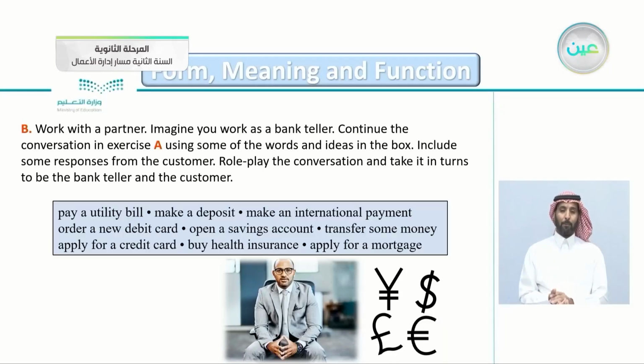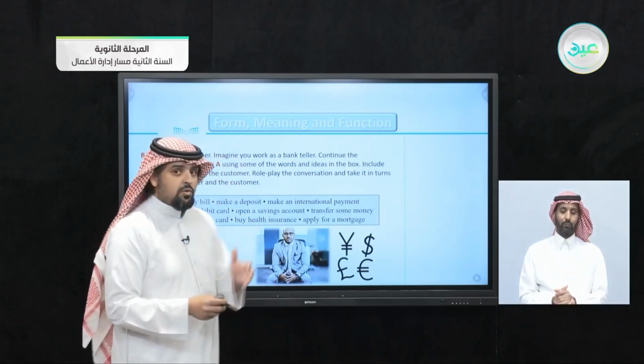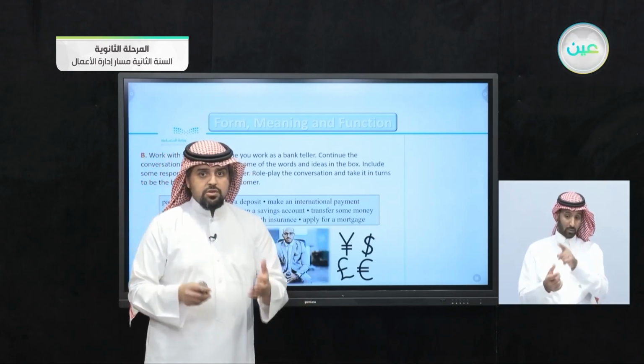So we have some helping words here. Pay a utility bill, make a deposit, make an international payment order, a new debit card, open a savings account, transfer some money, apply for a credit card, buy health insurance, or apply for a mortgage. So you can choose any of these and just continue with the conversation with your friend using the question tags or would or could.